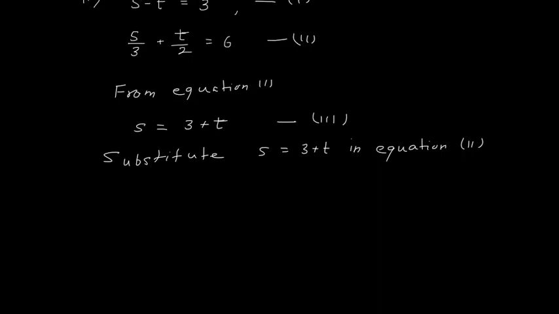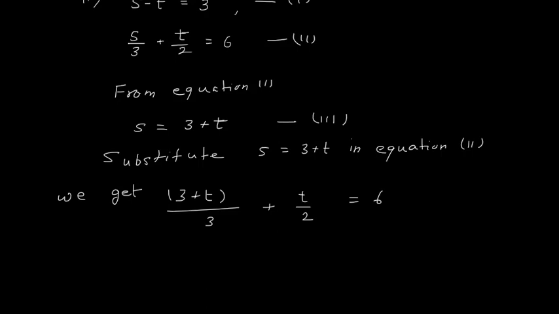When you take the value of a variable from equation 2, you have to substitute in equation 1. So substitute s is equal to 3 plus t in equation 2, we get, in place of s we write 3 plus t. So (3 plus t) divided by 3 plus t divided by 2 is equal to 6.